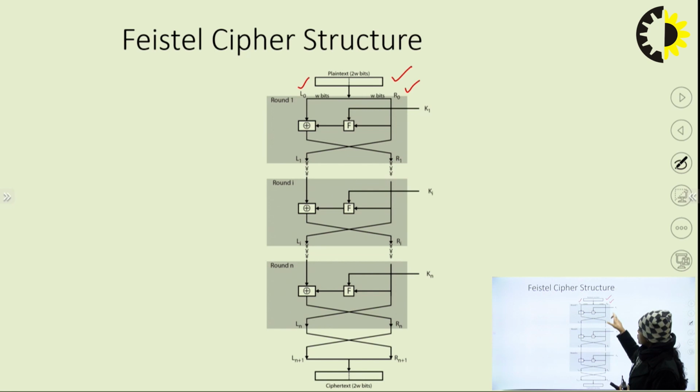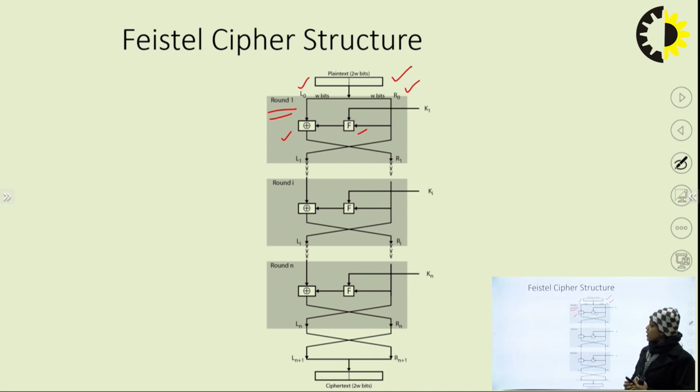For this first round, the L naught bits will go for processing. The R naught bits will be processed with a function, the capital F, denoted as the Feistel cipher function. Both of them will be XORed over here.